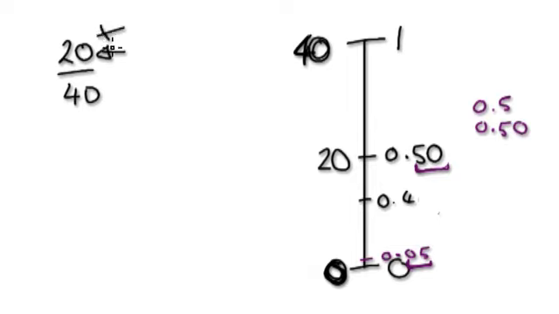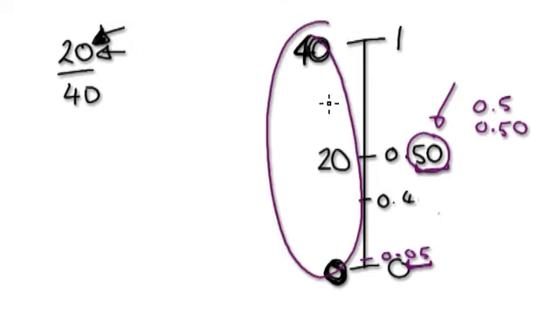So if you got 20 correct in this exam, you would have got, in effect, 50%. On our diagram, the left-hand side represents the real life value. In this case, it's exam questions. So 40 is the total number of questions.